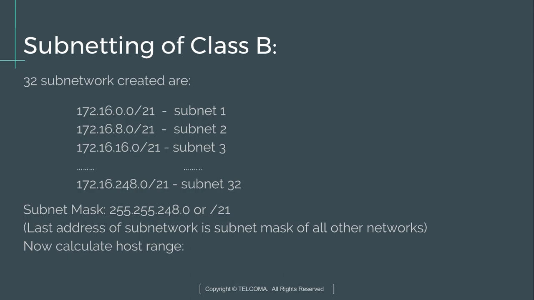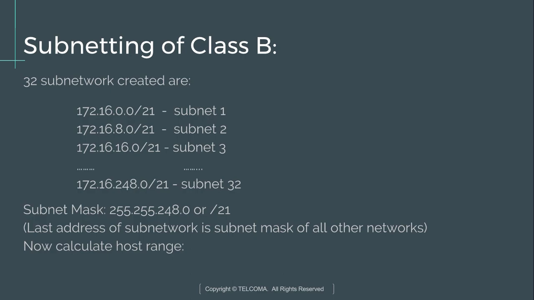Now the 32 subnetworks created are shown here. The first subnet is 172.16.0.0/21, where 21 is the number of network bits after borrowing bits. The next subnet is 172.16.8.0/21. Here 8 in the IP address comes from counting the bits from the least significant bit, the last bit that we borrow from the host bits.